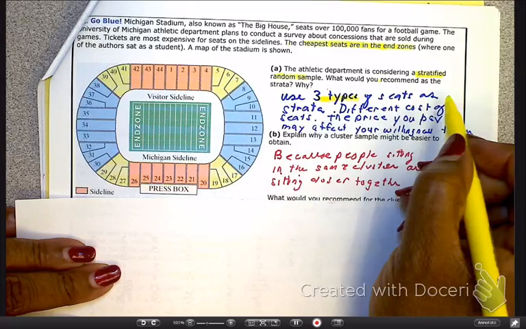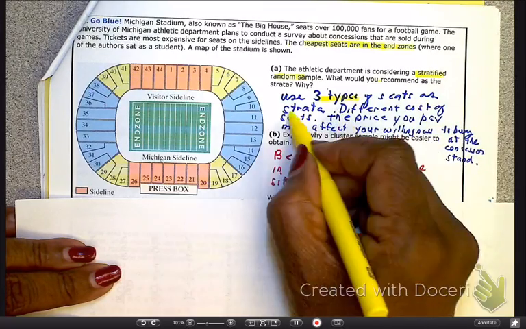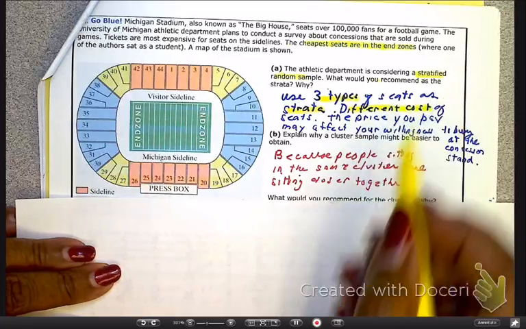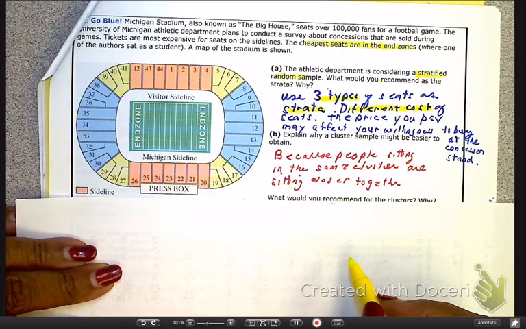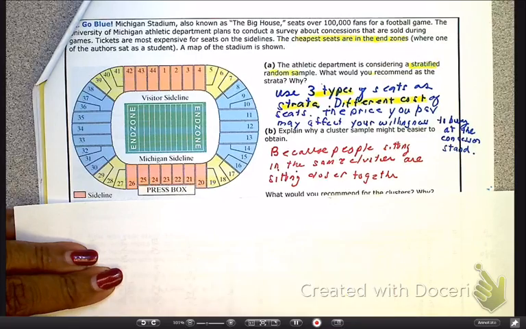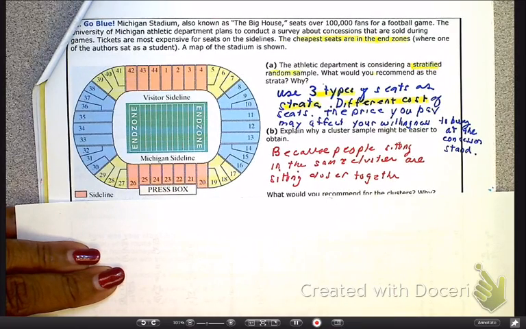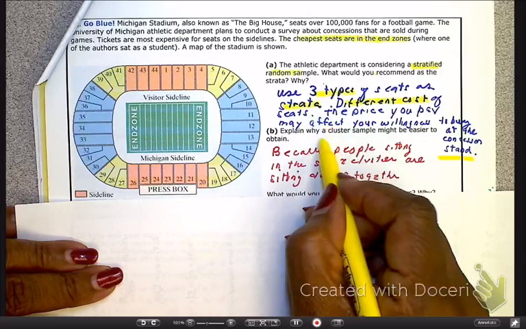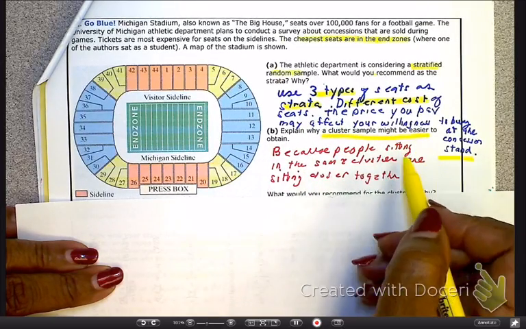So because we've got 3 different colors, that gives us 3 different potential strata, because the 3 different colors represent different cost. And in terms of people that go to the concession stand, well, based on the cost that they were willing to pay for a ticket, it also will determine how much they're willing to spend at this game. And then it says, explain why cluster sampling might be easier.